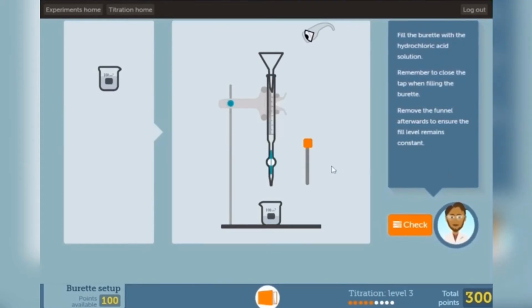Fill the burette with the hydrochloric acid. Remember to close the tap when filling the burette. After that, remove the funnel to ensure the fill level remains constant.